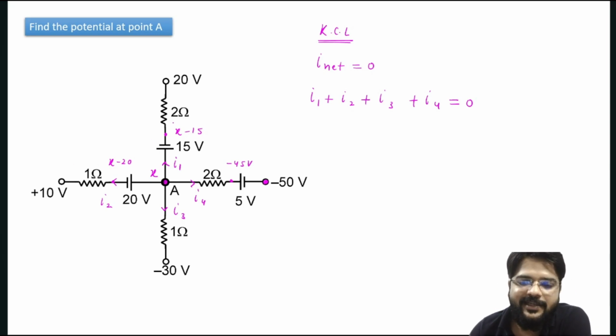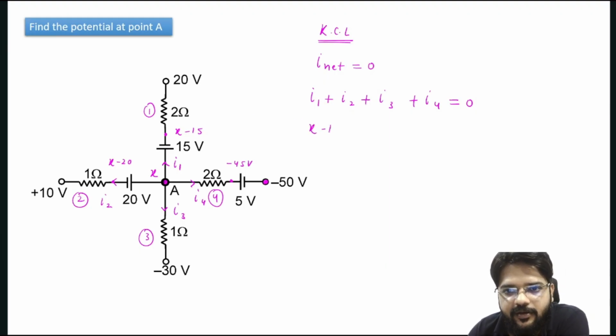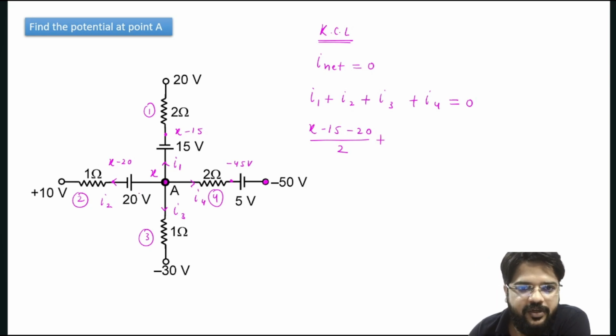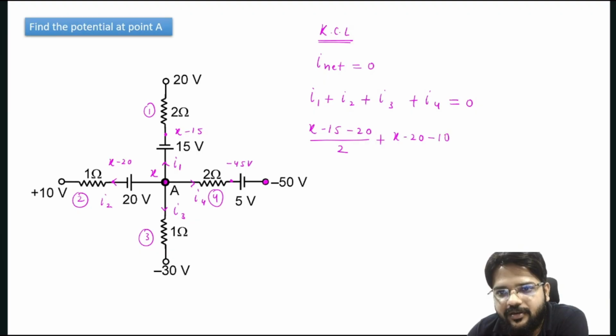Now this I1 current is passing through this 2 ohm resistor. Let's suppose this is the first, this is the second, this is the third resistor, and this is the fourth resistor. So how can I1 be written? Potential difference across the 2 ohm, which is X minus 15 minus 20, divided by 2. And I2 can be written as X minus 20 minus 10, divided by 1.